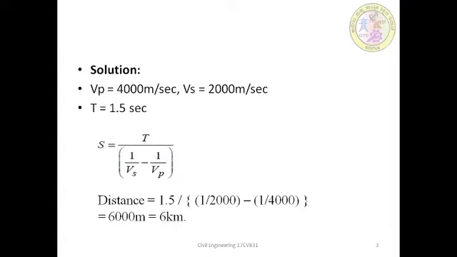So the known equation for the distance calculation is S is equal to T divided by (1 by Vs minus 1 by Vp). You substitute T, Vs and Vp, so it gives us 6000 meters, that is 6 kilometers. So like that the distance can be calculated by knowing the time interval as well as the velocities of P and S waves.